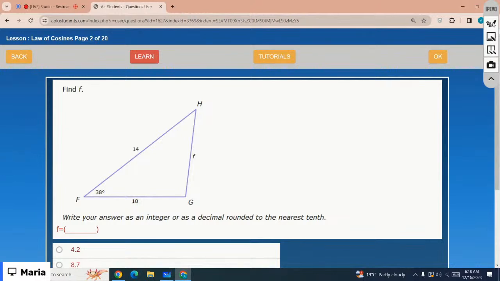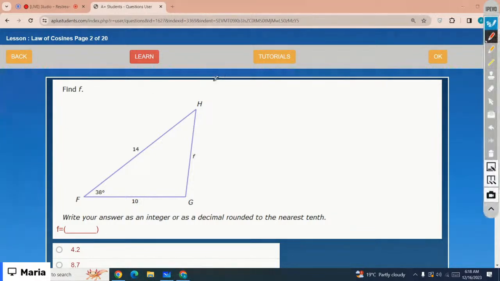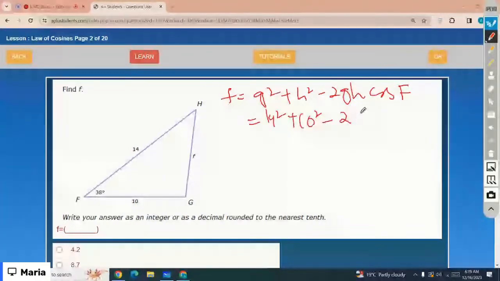Law of cosine is f square equals, because you need to evaluate f, right? f square equals g square plus h square minus 2gh cos angle f. So g is 14, h is 10, minus 2 times 14 times 10, and cos of angle 38. Just do the calculations and see which is the correct option.